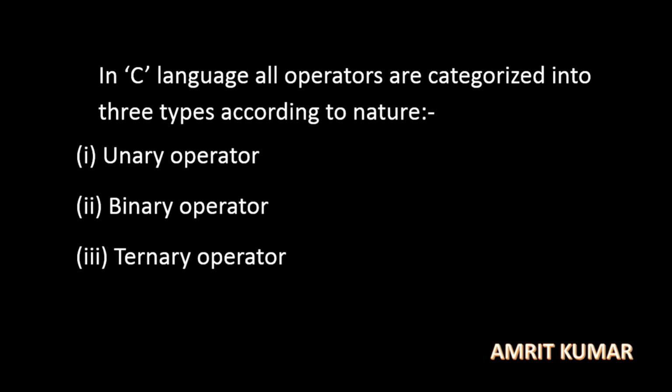In C language, all operators are categorized into three types according to their nature. What are these types? We have studied the unary operator in an earlier video, and we have also talked about the binary operators. Let me remind you about the unary operators: they were the operators which required only one operand to perform an operation.